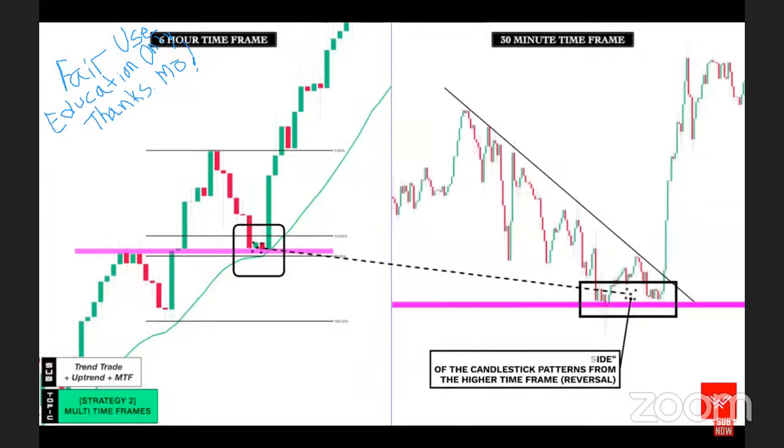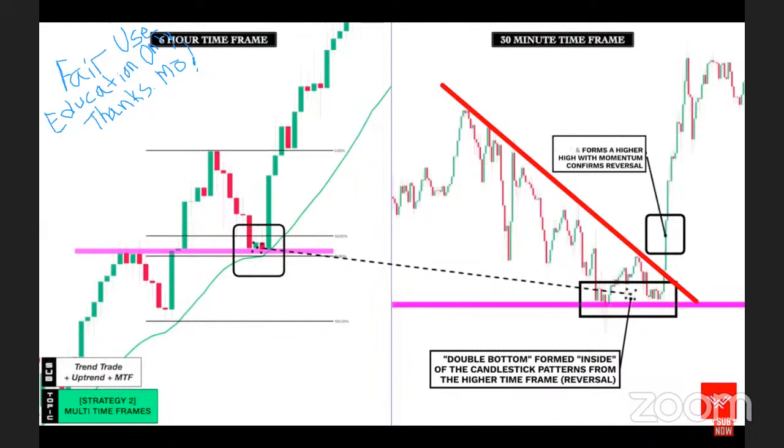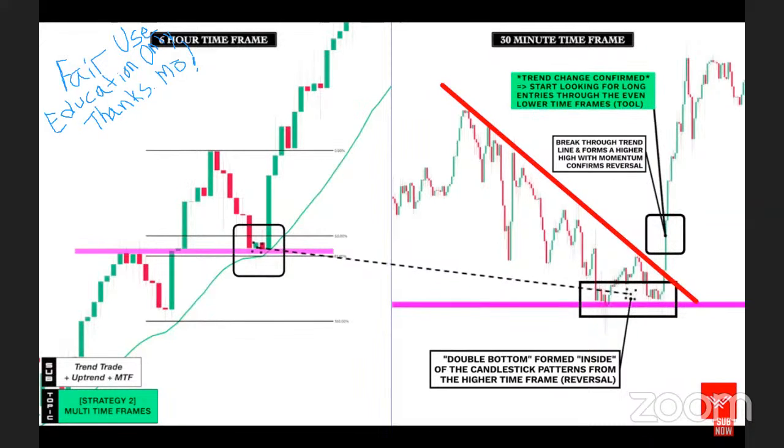The double bottom formed right at the key support level and inside of the long wick candles from the higher time frame. Trend line placed above, connecting the swing highs. Then once price broke through the trend line and formed a clear higher high with momentum, this confirms the reversal from a downtrend to an uptrend. And you would take a long entry on the same time frame or on an even lower time frame using our entry strategy and tool.